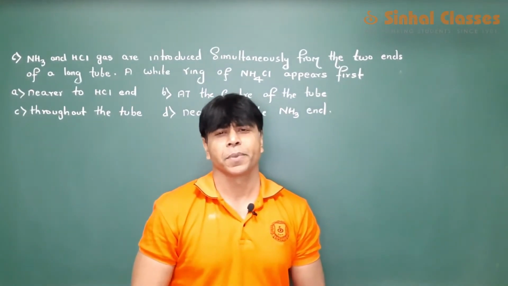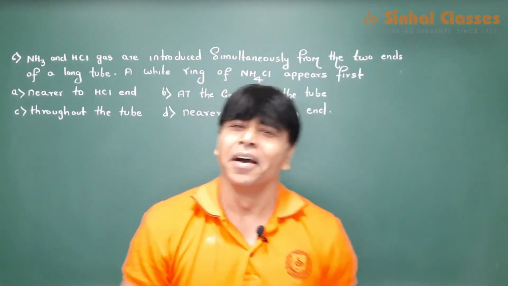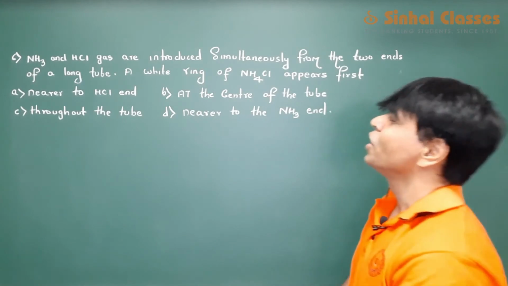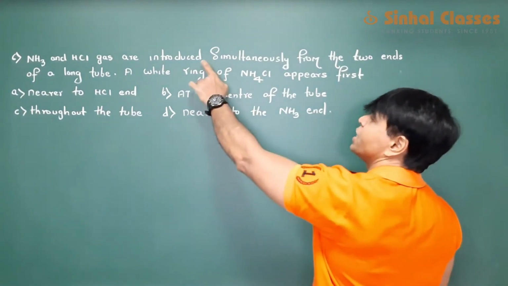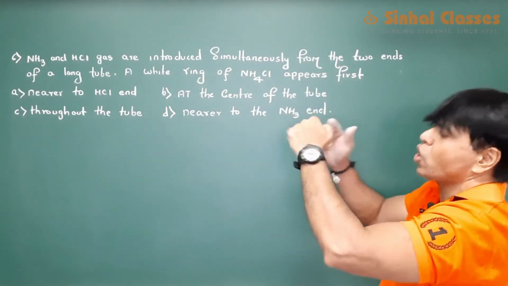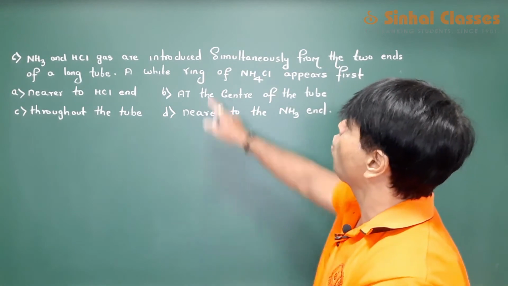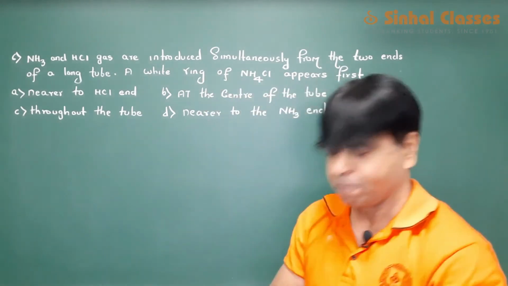Let's see a practical oriented question. The question says two gases, ammonia and HCl, are introduced simultaneously from the two ends of a long tube. A white ring of ammonium chloride appears first.